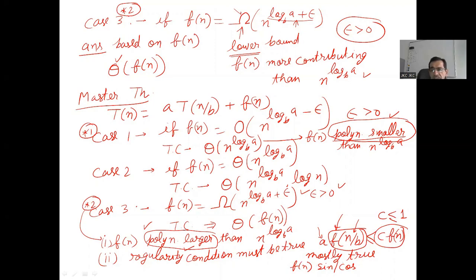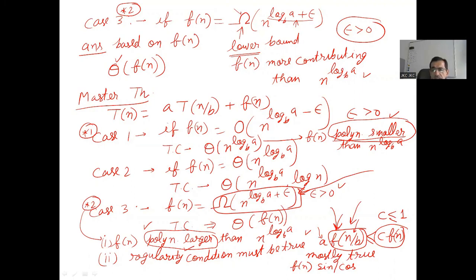So for the time being, we assume that this condition will be mostly true, as we are already saying that Fn is minimum, or on the lower side it is n power log base b of a plus epsilon. So the root's contribution we are expecting to be higher. Here this is mathematically verified that instead of a T n by b, if I consider the same functionality for n by b on the children side, still the corresponding contribution of Fn is bigger.